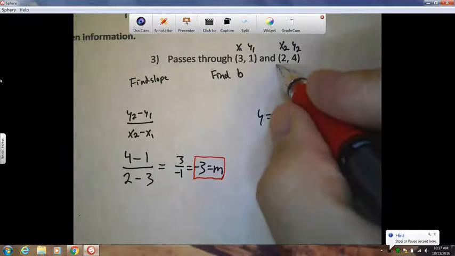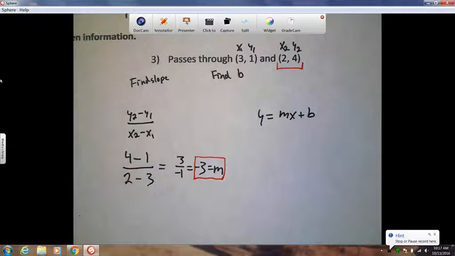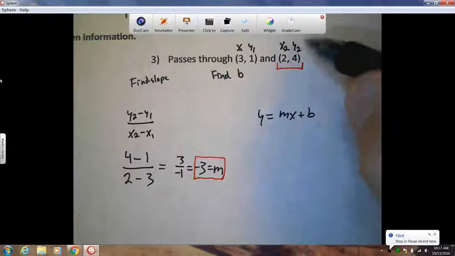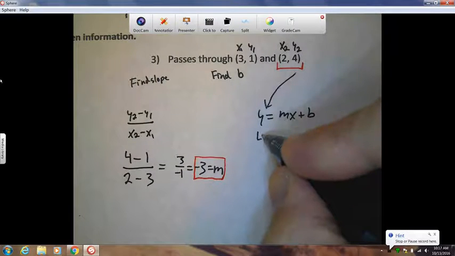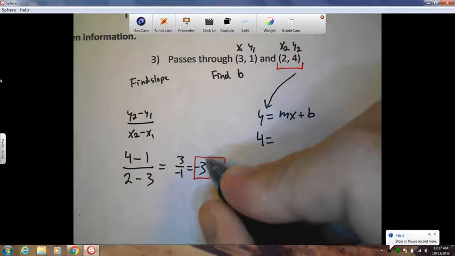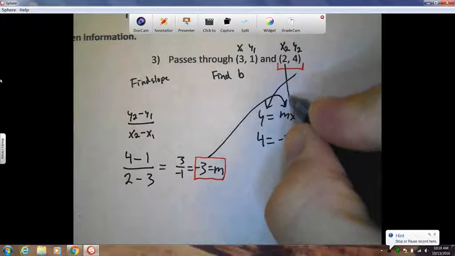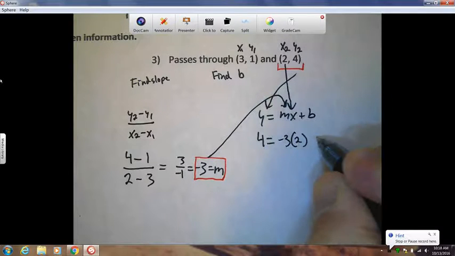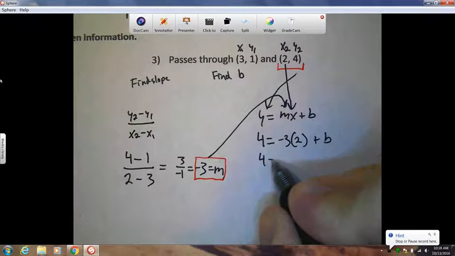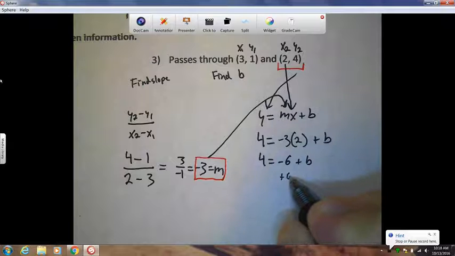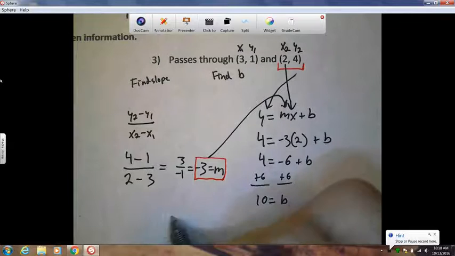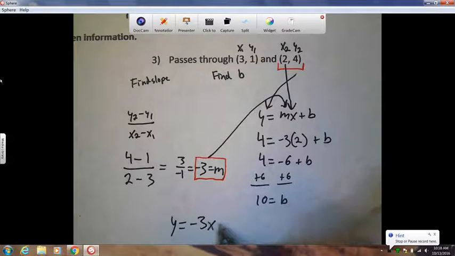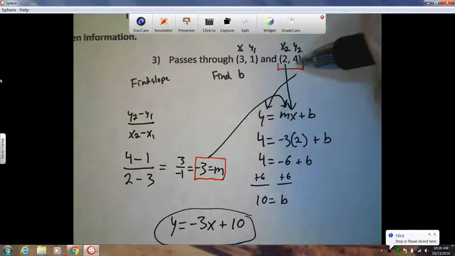So if I choose that, I have to use the x and the y from there. So here's my slope, negative 3, x is 2 plus b. So 10 is equal to b, so my formula is y equals negative 3x plus 10. You can use either point, you get the same answer. Okay, let's look at one more.